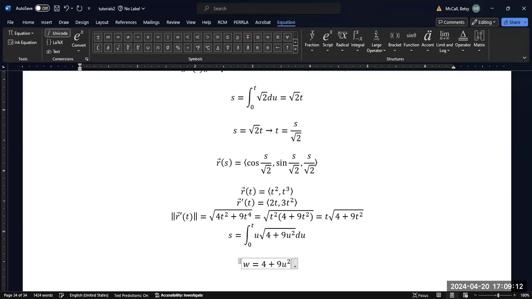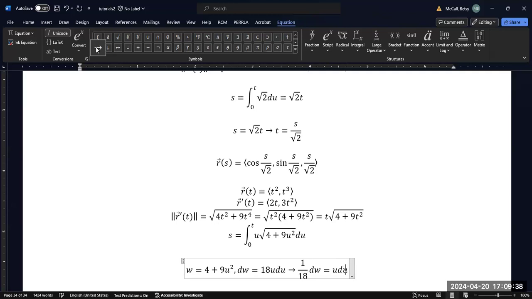So w is 4 plus 9u squared, and then dw is going to be 18u du, which is going to give me 1/18 dw is equal to u du.